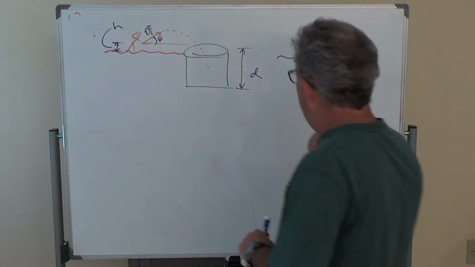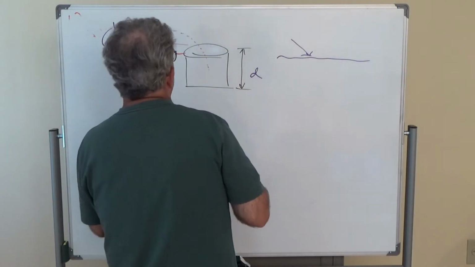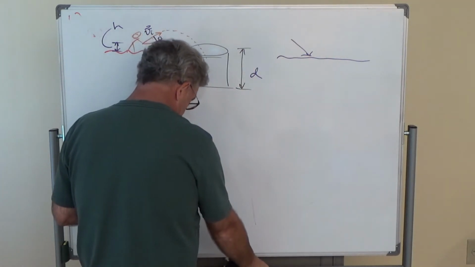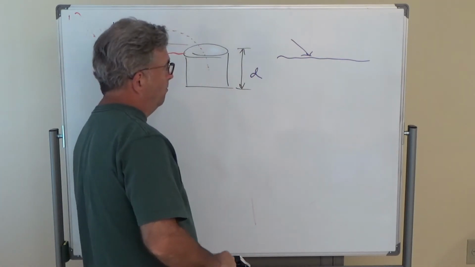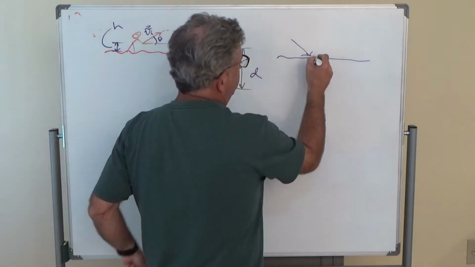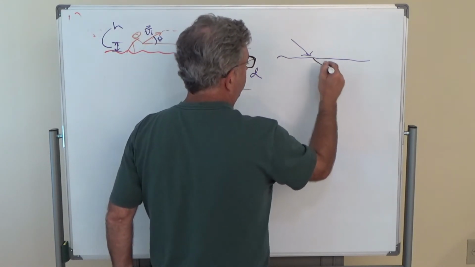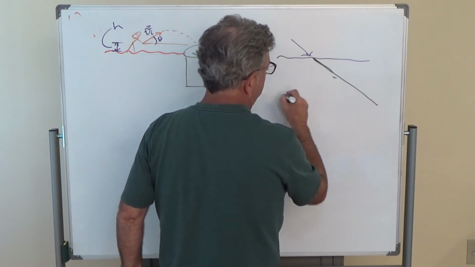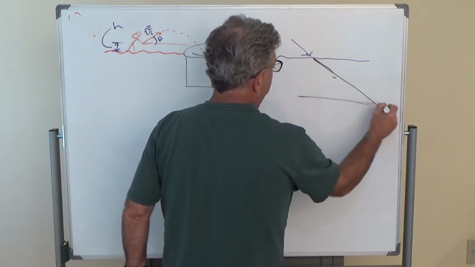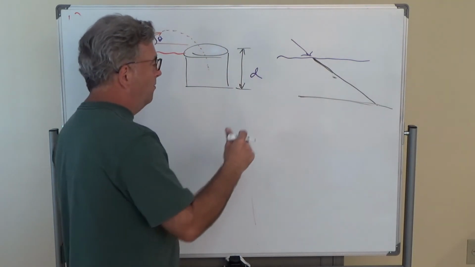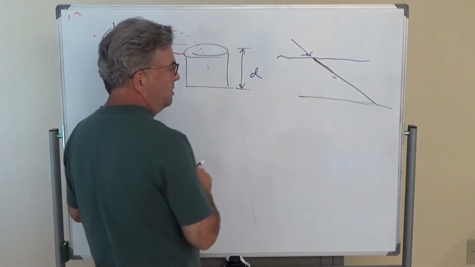All right, now, once this coin, which is kind of weird, but once this coin impacts the water, it moves in a straight line, right? Like that, with whatever velocity it had when it reached the water.